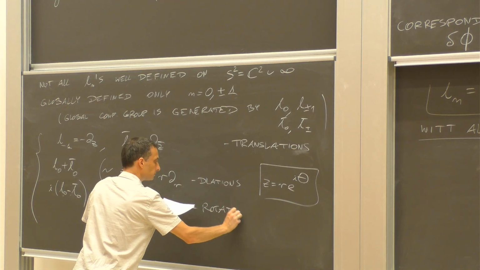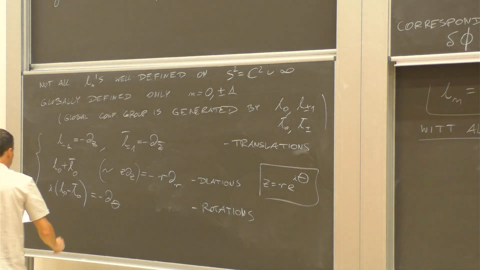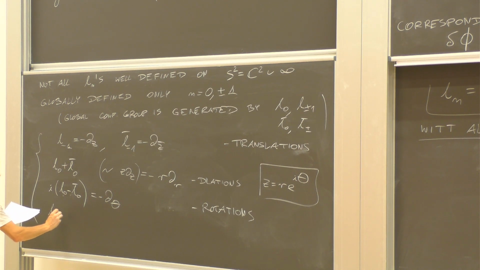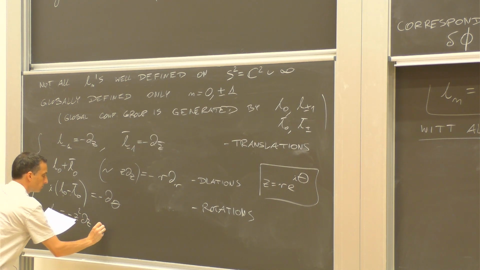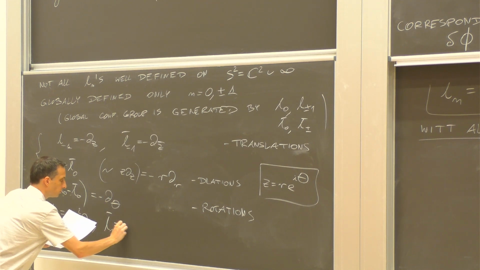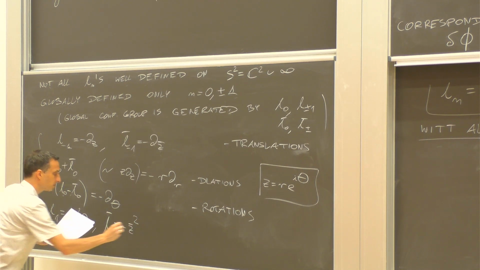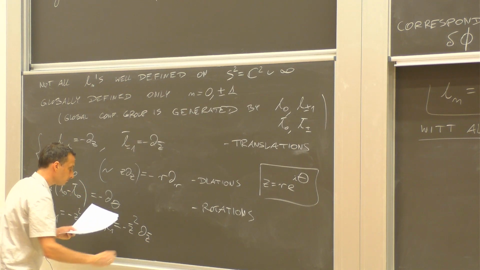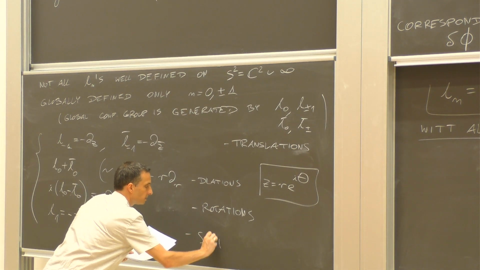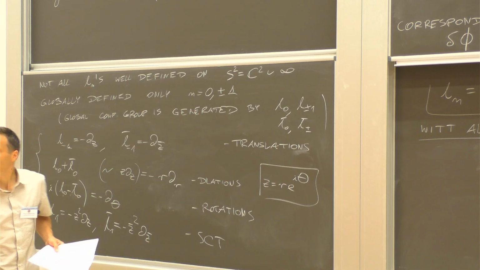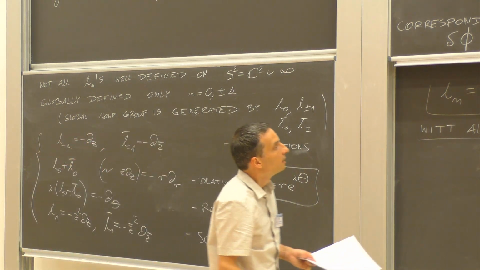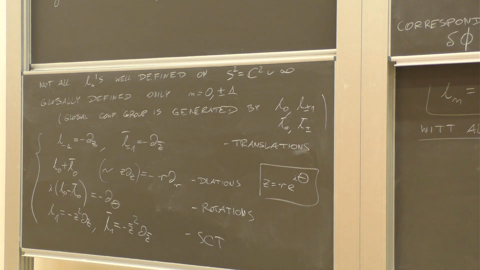And finally, L1, which has this z squared power here, generates special conformal transformations. So this is the infinitesimal form of these generators.